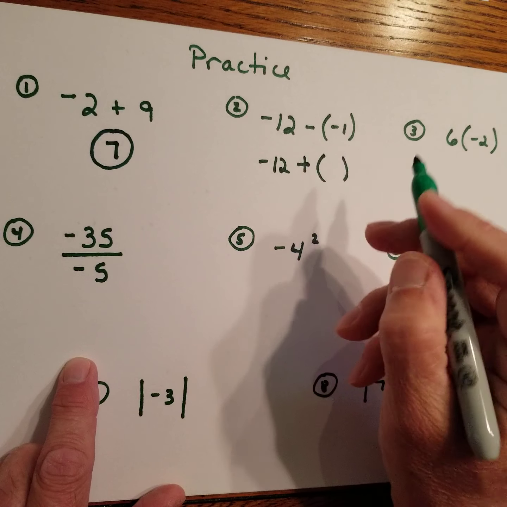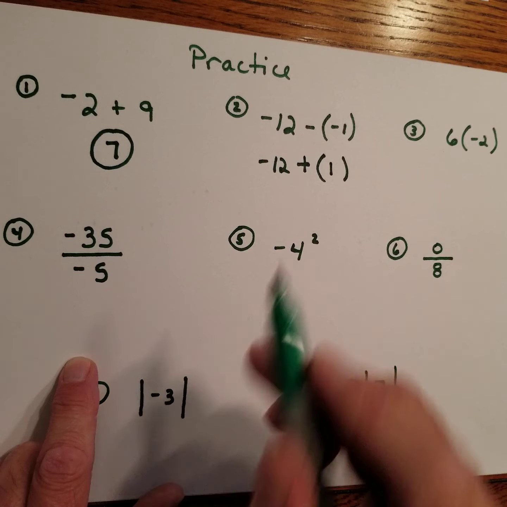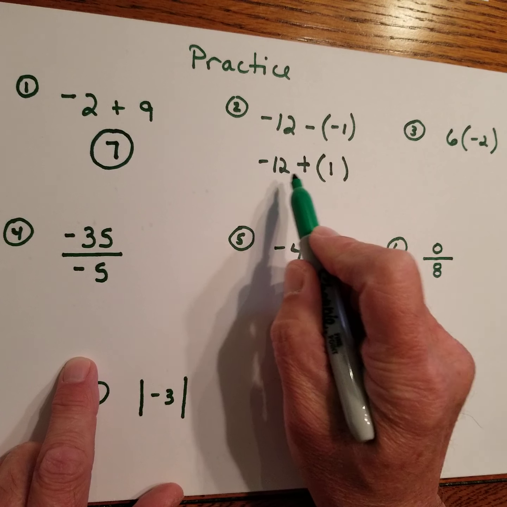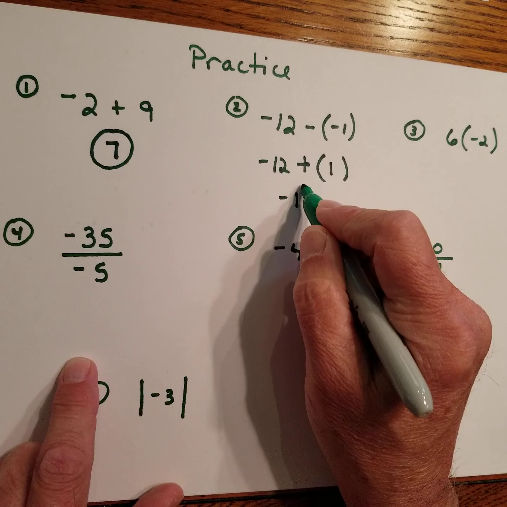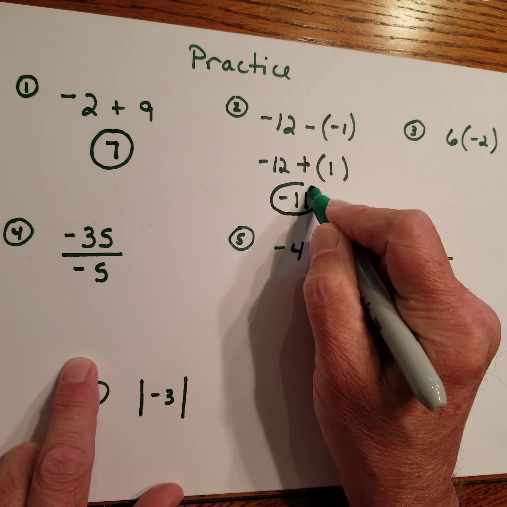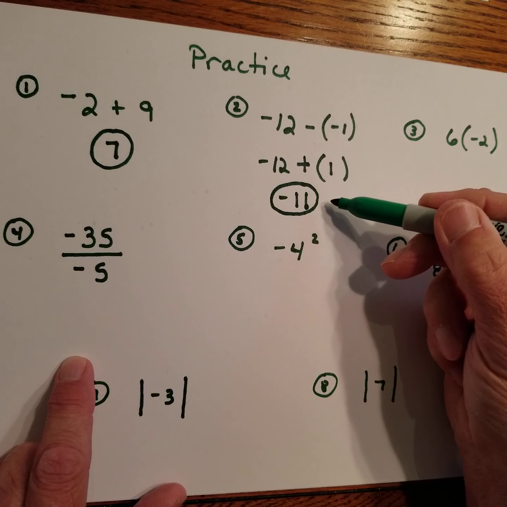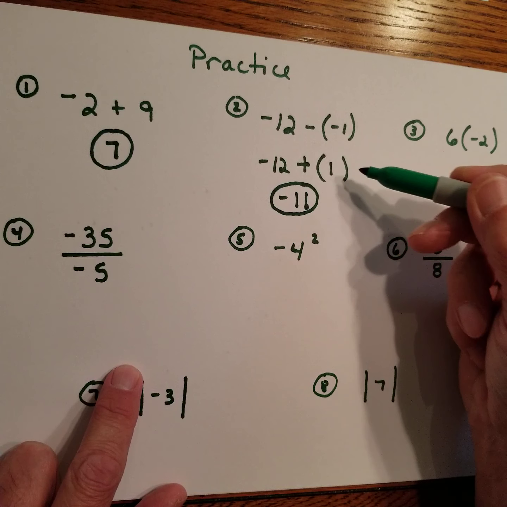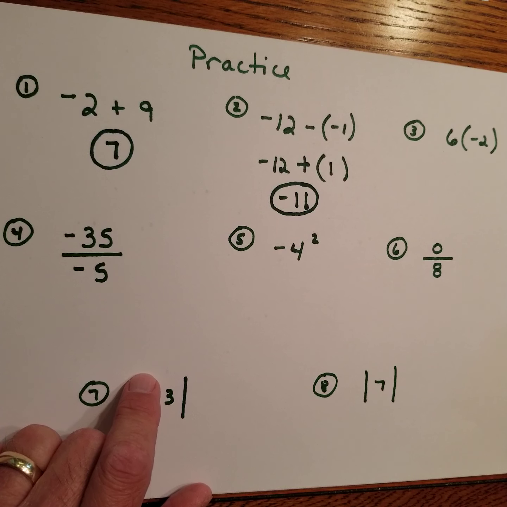The opposite of -1 is +1. Now I'm adding. The signs are different, so I subtract and take the sign off the larger number. If you're comfortable going from here to here, and you can get the right answer without showing that middle step, you're allowed to leave that middle step out.